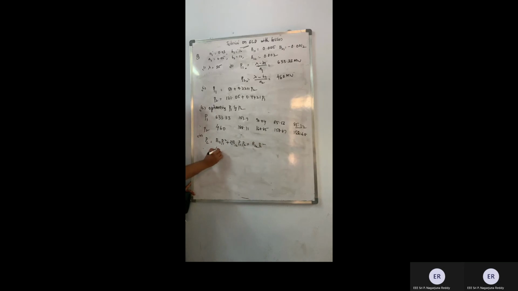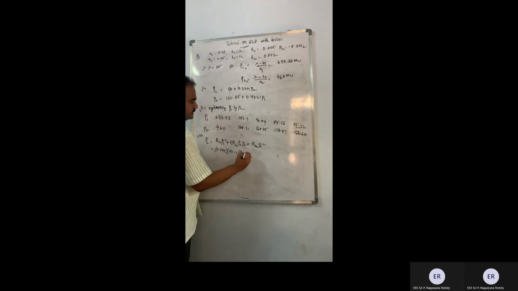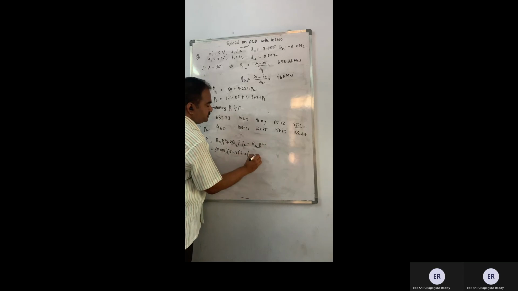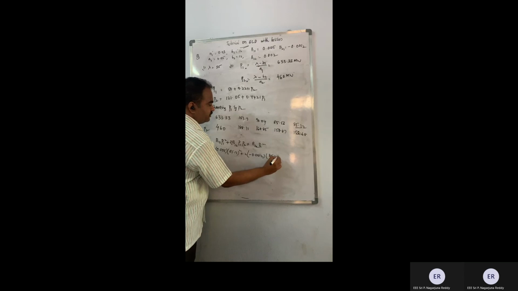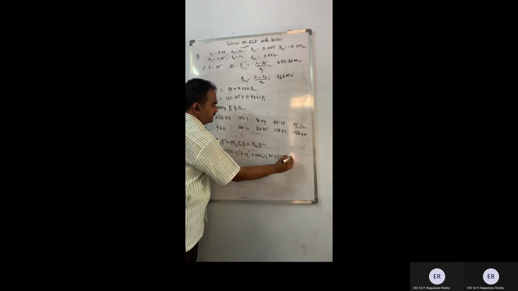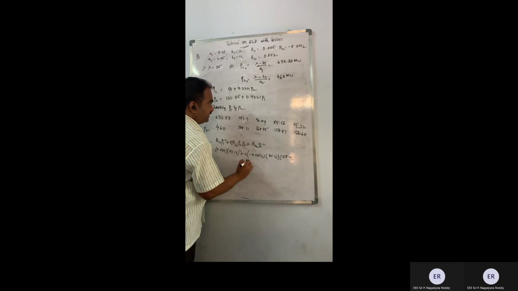It is 0.005 into B1, 85.12 square, plus 2 into B12 is minus 0.002 into B1 B2, 85.18 into 158.68, plus B22 is 0.002 into 158.66 square. So now let's calculate this value now. It will take me 1 minute of time. So let's start.